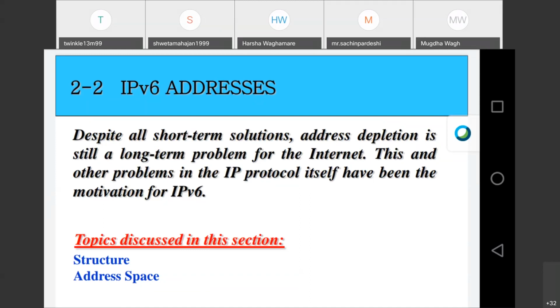But still, we can provide internet connection to hundreds of computers. How is it possible? It is possible because of network address translation. It is also a temporary solution for IPv4 addressing, by which, having one address in the organization, you can provide internet connection to hundreds or thousands of computers. So this is one more solution.